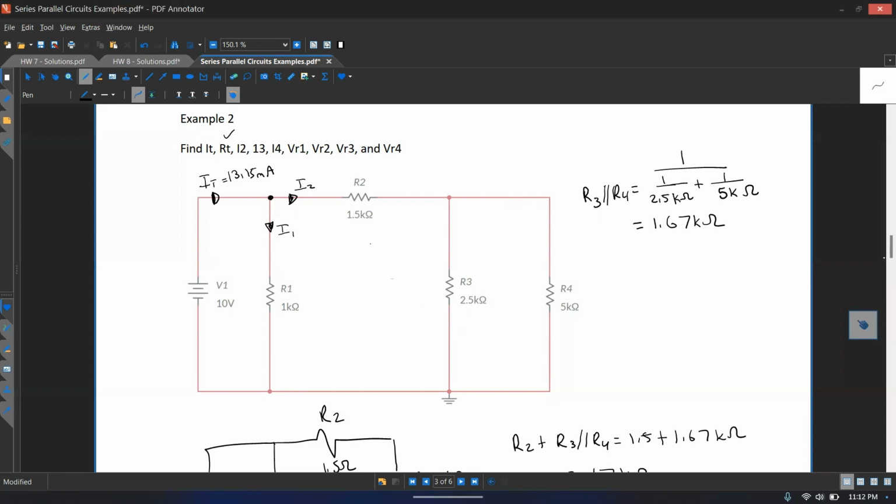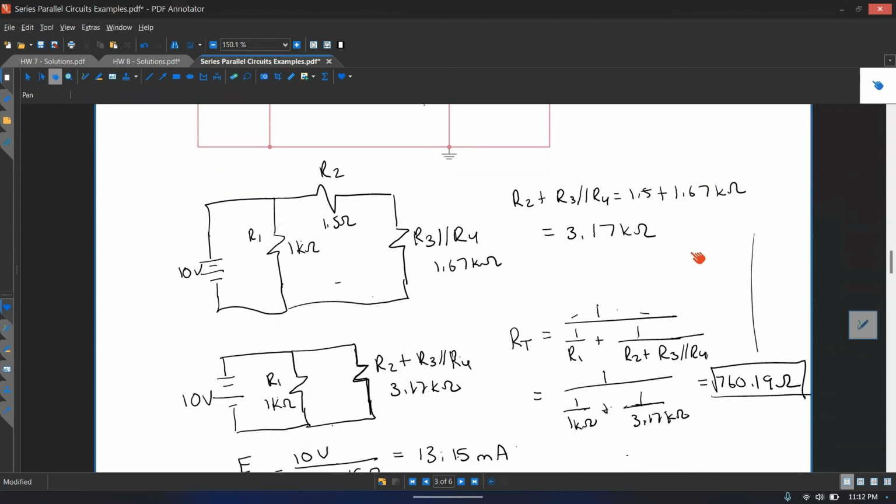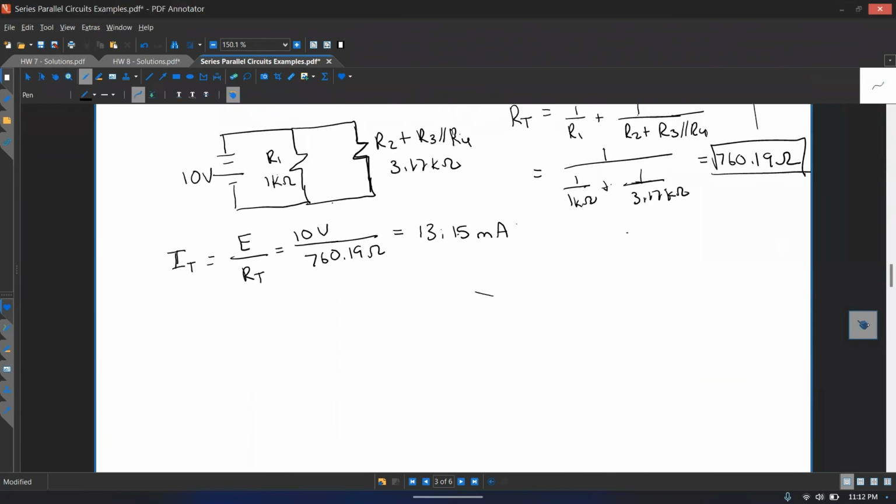So I1 equals VR1 divided by R1, which equals 10 volts divided by 1 kilo ohm, which equals 10 milliamps.